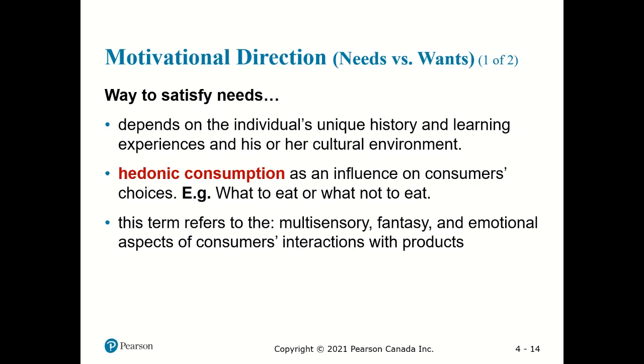Now, motivational direction. It is the way to satisfy a need. A need has arisen, and they want to satisfy it. There is a way to satisfy those needs, but it depends on the individual's unique history, learning experiences, and cultural environment, all three. First, the unique history: whatever the person bought previously, whether they had a good or bad experience, they have learned from using those articles.